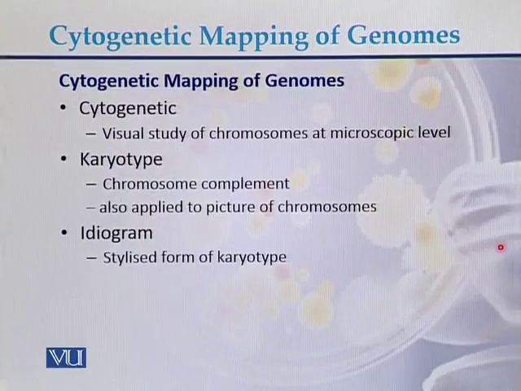Cytogenetic mapping of the genomes. So a cytogenetic map is a visual study of the chromosome at the microscopic level. And what is a karyotype? Chromosome complement also applies to the picture of the chromosomes. When we see the pictures of the chromosomes, it is called a karyotype. An ideogram is actually the stylized form of the karyotype.